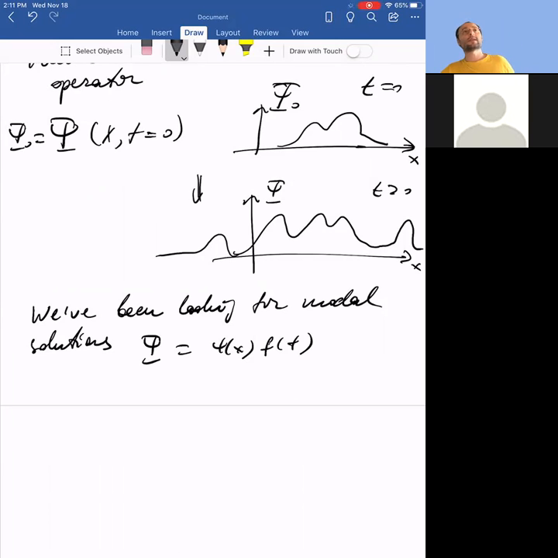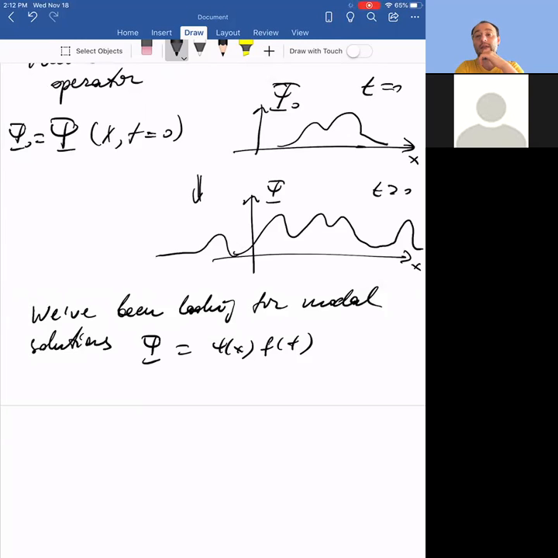I motivated this when I discussed waves on a string. In general, the motion of the string can be very complicated. If you pluck the string, it does something very complicated. But you can look for very special solutions in which the shape of the string remains the same.